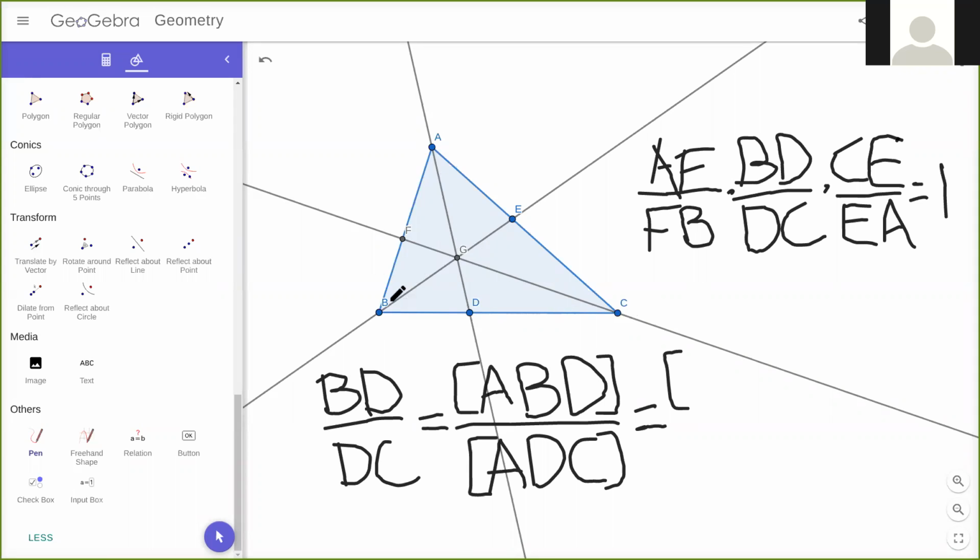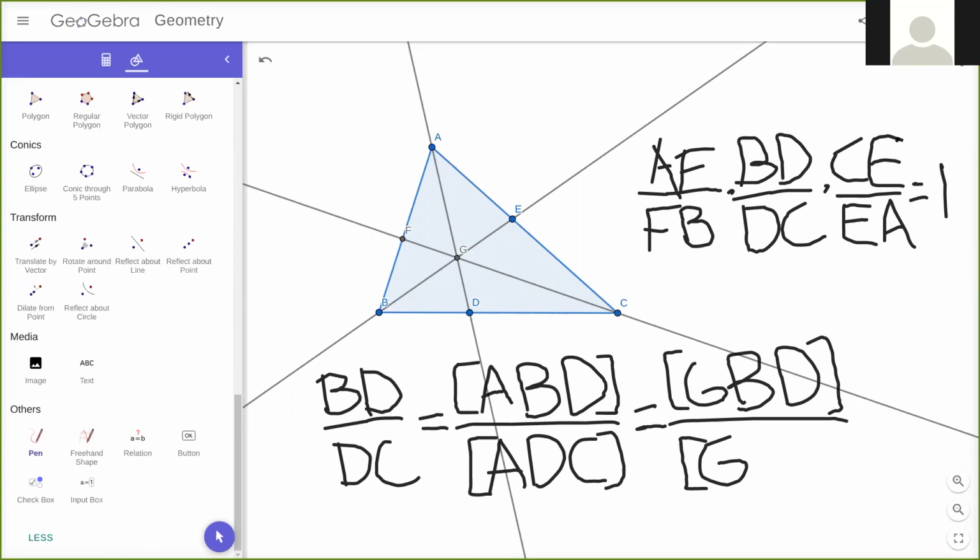And the ratio of the areas GBD to GDC is also BD over DC.